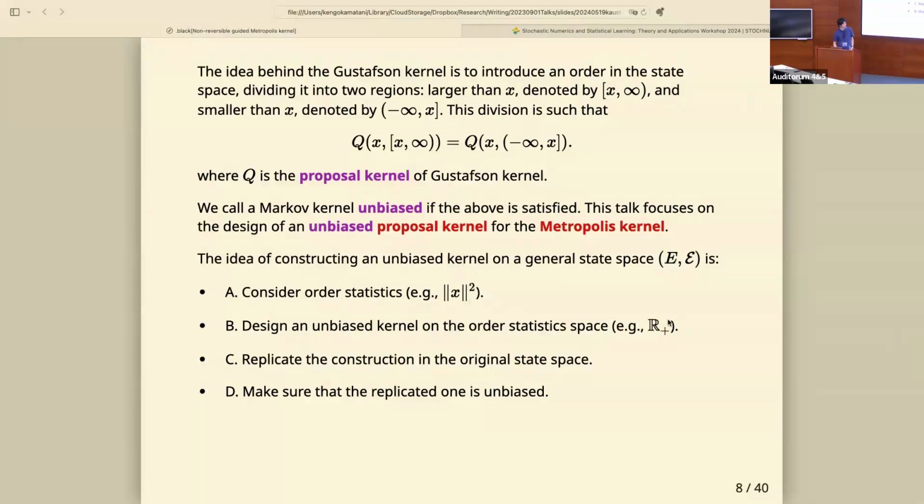This space is the positive real line. So we consider an order kernel on this space, then replicate this construction in the original state space, and then make sure that everything is fine. This is what we want to do.